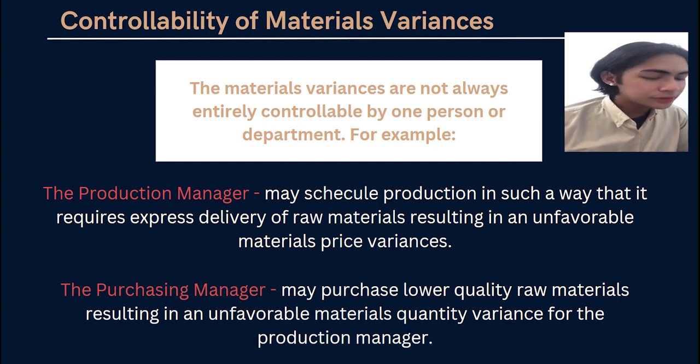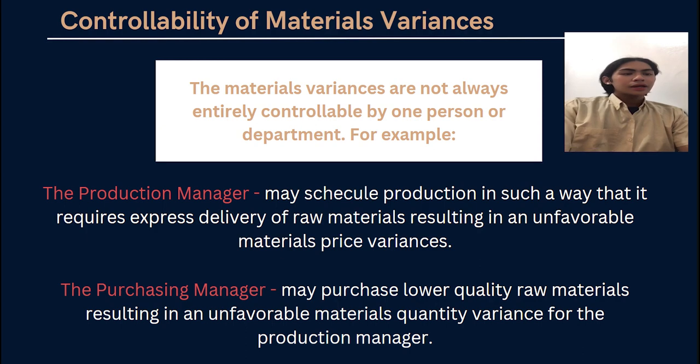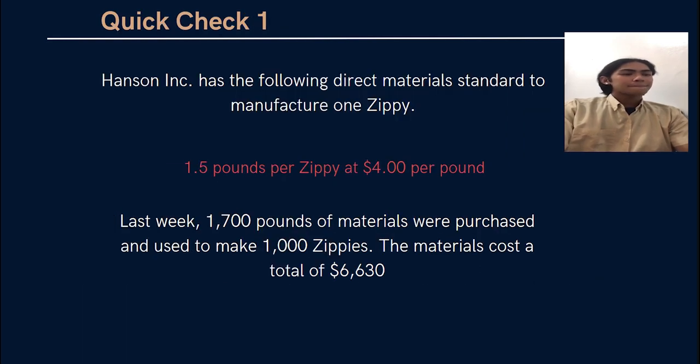Kasi po, the production manager may schedule production in such a way that requires express delivery of raw materials, while purchasing manager naman po may purchase lower quality raw materials, resulting in an unfavorable materials quantity variance for the production manager.